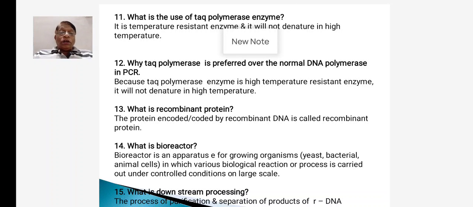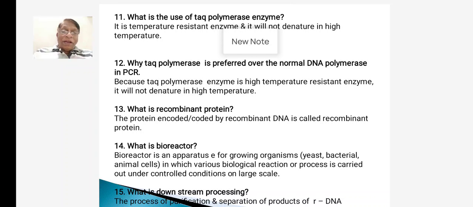Next question. What is recombinant protein? The protein coded by recombinant DNA is called recombinant protein. Okay. Next, very important question. What is bioreactor?